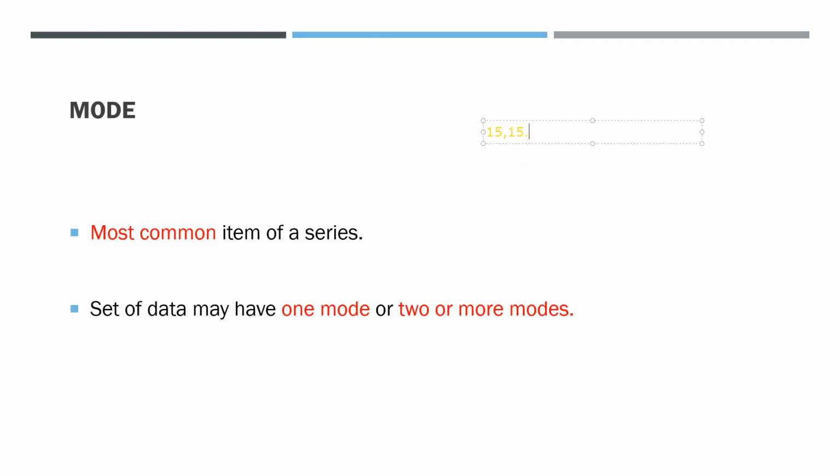The other one says 15, 15.5, then 15.5, 16, 16.5, again 15. Likewise, you have the collar sizes for the individuals of this sample.